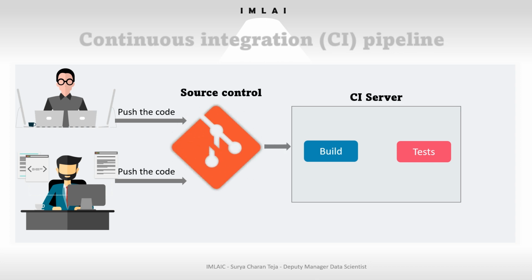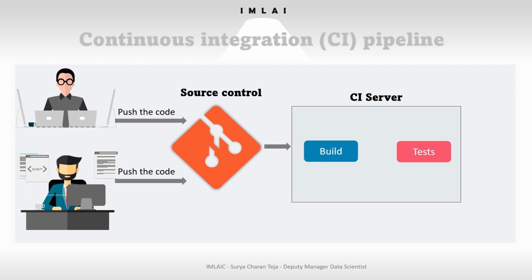So this is our CI server. We are going to use Jenkins only, so let's imagine that this CI server is a Jenkins server. This process must be automated and triggered at each commit.